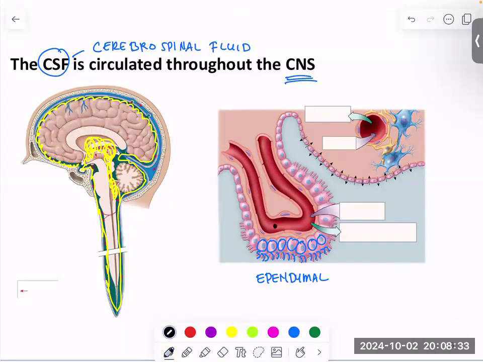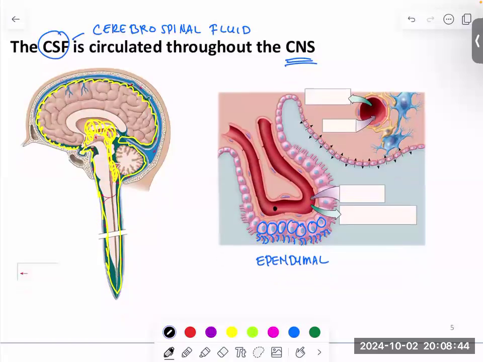The blood does not make direct contact with the neurons. The ependymal cells will choose what parts of the blood go into the cerebrospinal fluid. They choose what parts of the cerebrospinal fluid go back into the blood.